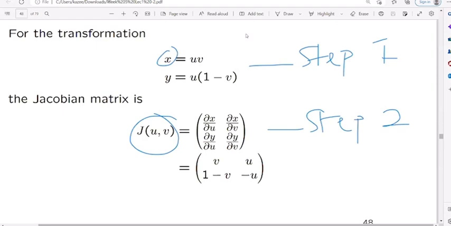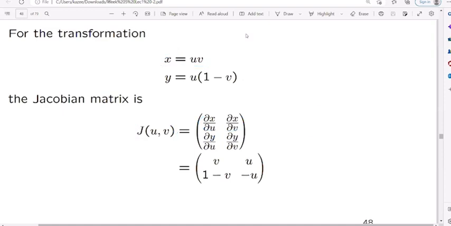Going by row, the first row is x, and you are doing partial derivatives: you differentiate with respect to u first, then the second entry is with respect to v. You maintain the same thing in the second row, because there you use the second equation, y. You differentiate y with respect to u first, then with respect to v. I don't know if that is clear to you now.